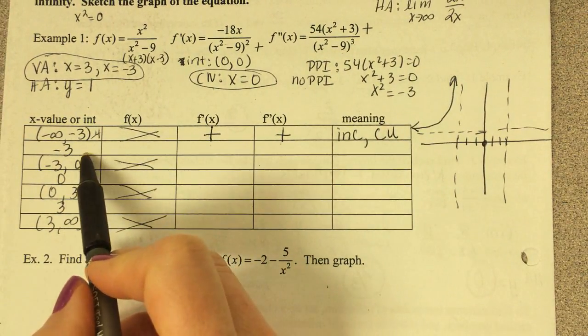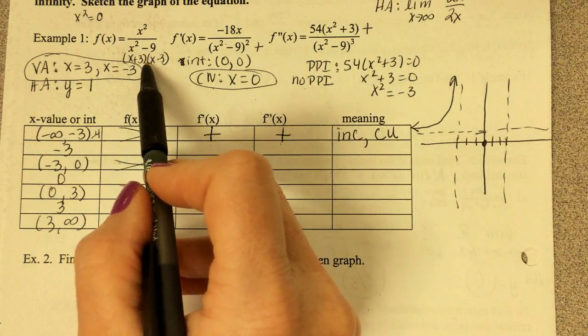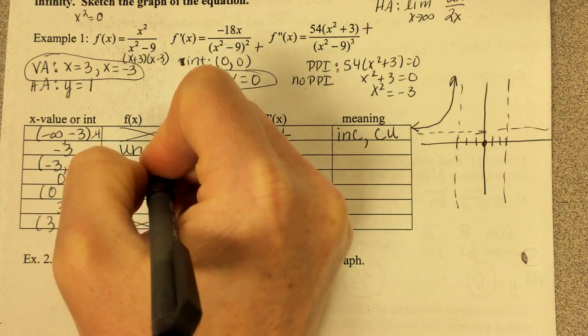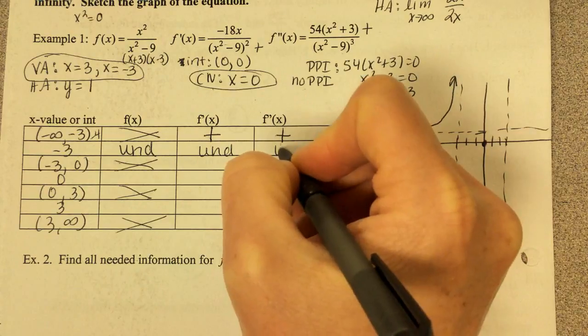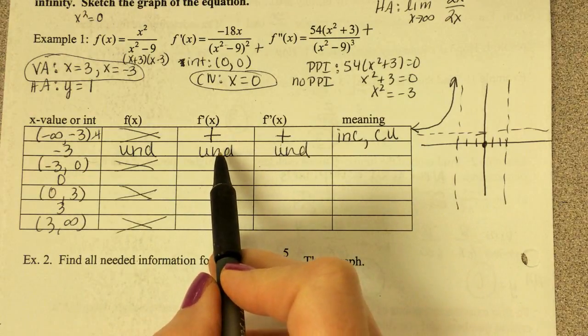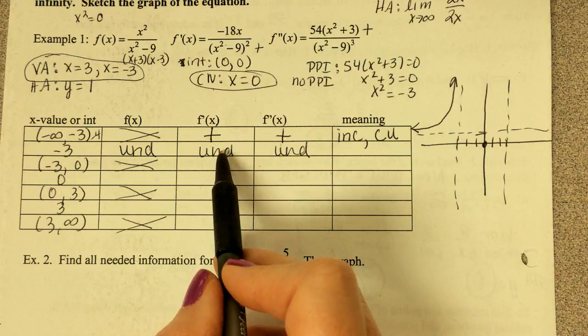So now I'm going to go on to my negative 3. Negative 3, if I plug it into the original, it's going to be undefined. It's also undefined on the first derivative and on the second derivative. It's undefined in all of those places. What does that mean? We've said before that if it's undefined on the first derivative, it should be a critical number.